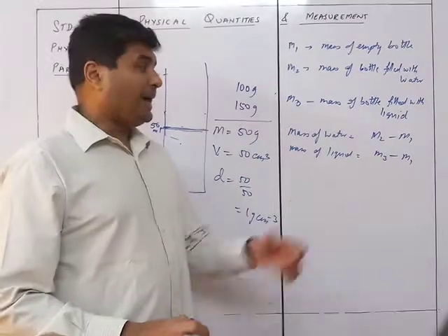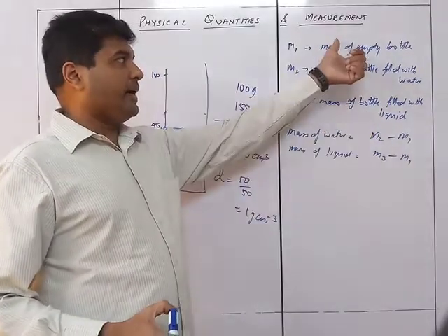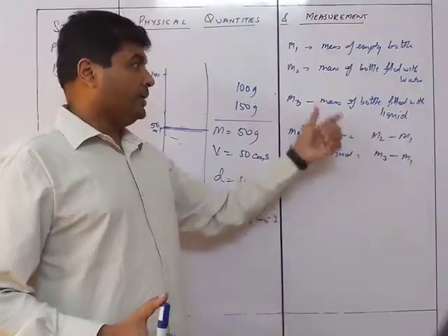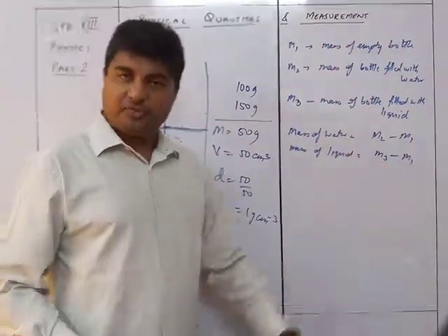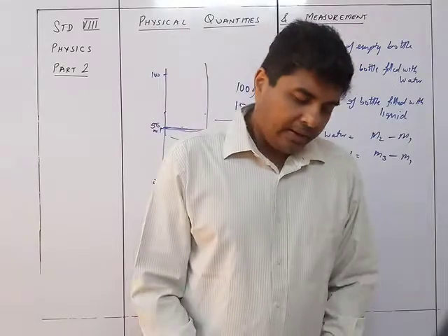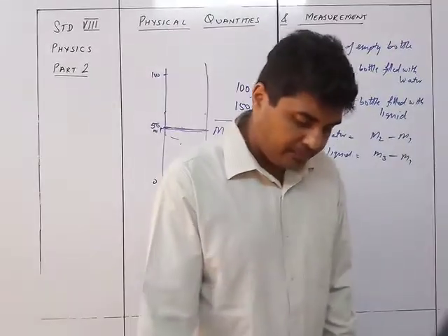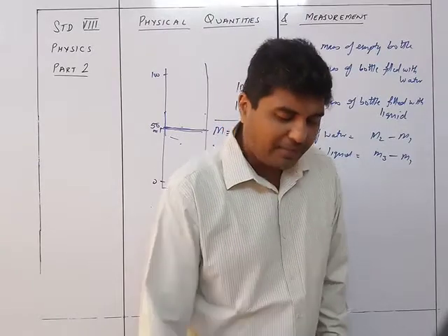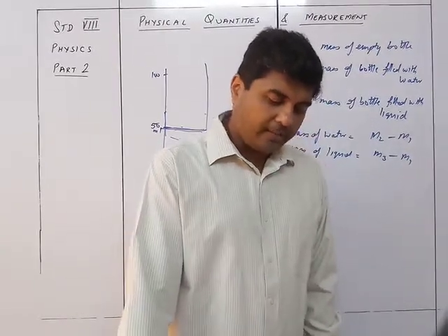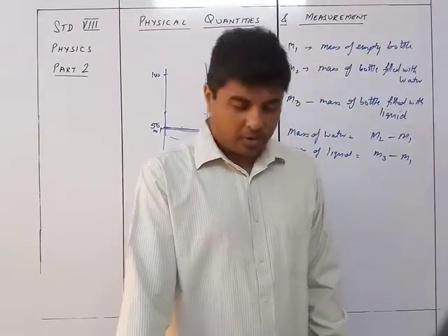Mass of bottle filled with liquid minus empty bottle will give you the mass of the liquid. Mass of bottle filled with water minus empty bottle will give you the mass of water. Since the density of water is 1 gram per centimeter cube, the mass of water contained in the bottle gives you the volume of the bottle.